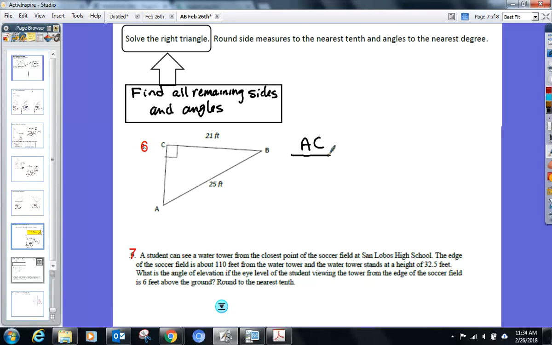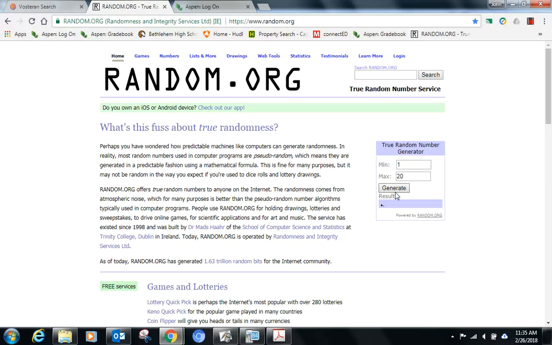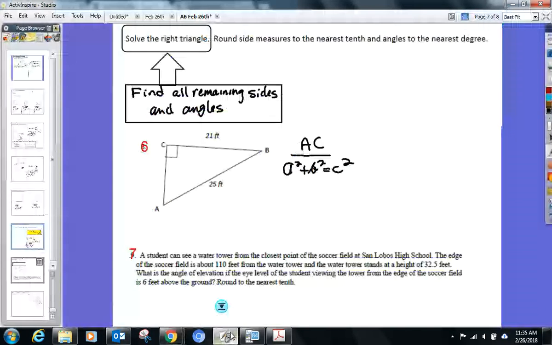What's the way I'm going to use here? Pythag. It's a right triangle, so I'm going to use Pythag. And that side AC, is that a leg or the hypotenuse? Hypotenuse, so I'll keep it as a squared plus 21 squared equals 25 squared. You guys got lucky here, no simplest radical form.